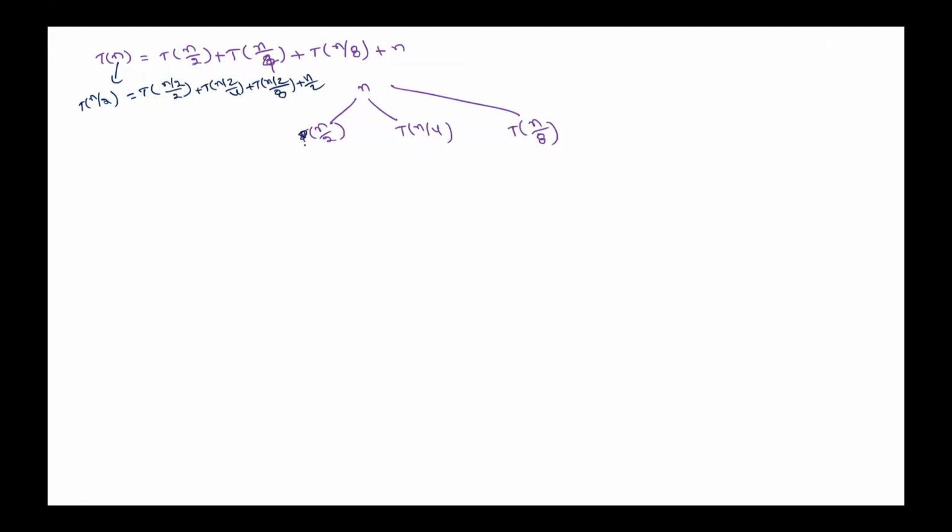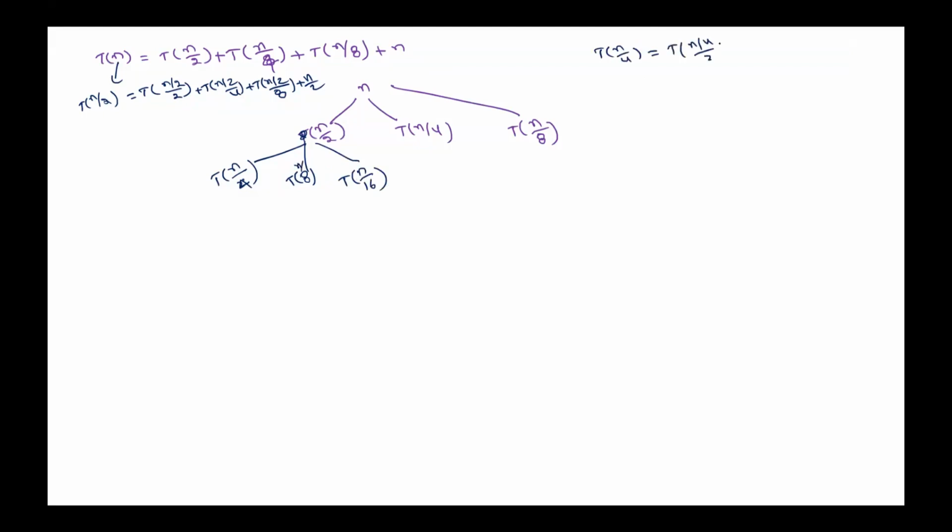So n by 2 one side, T of n by 4. Other side, T of n by 8. Other side, T of n by 16. Is that correct? Similarly, what is T of n by 4?